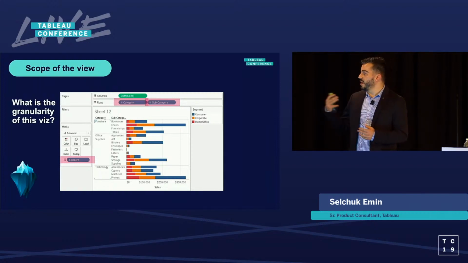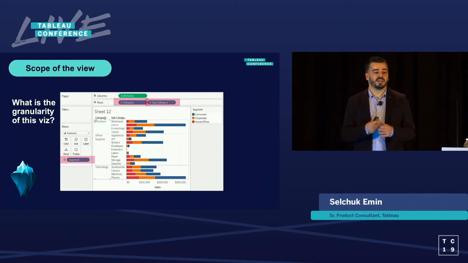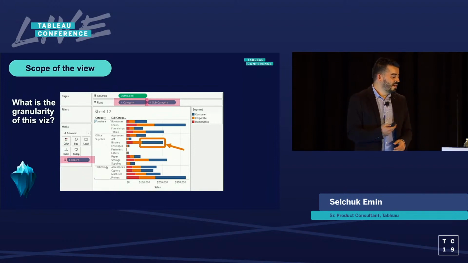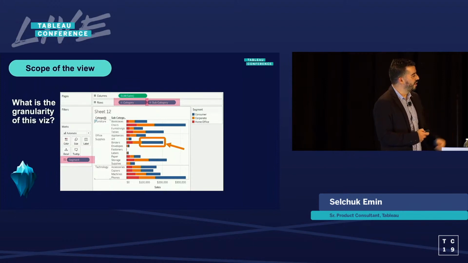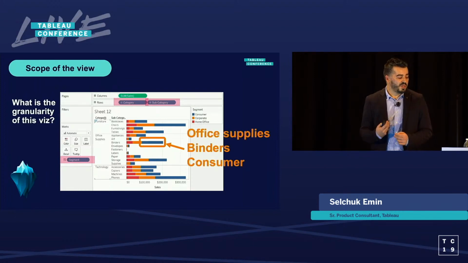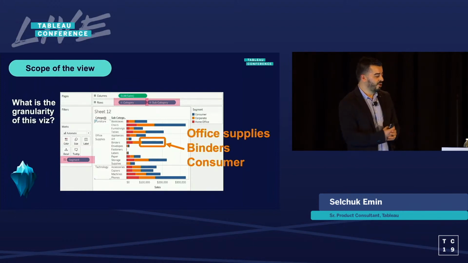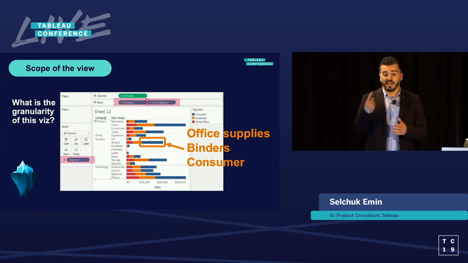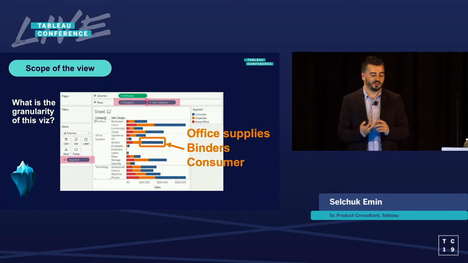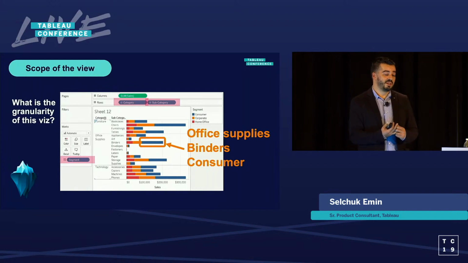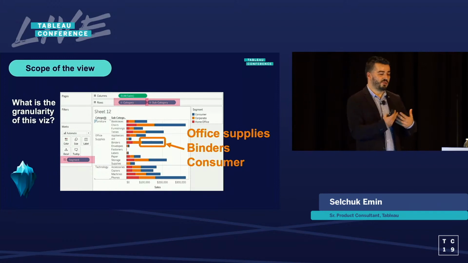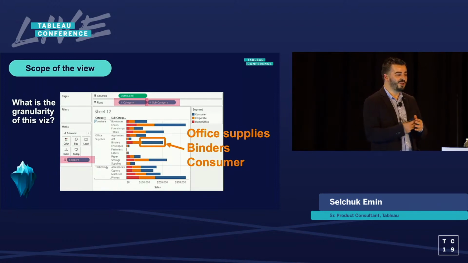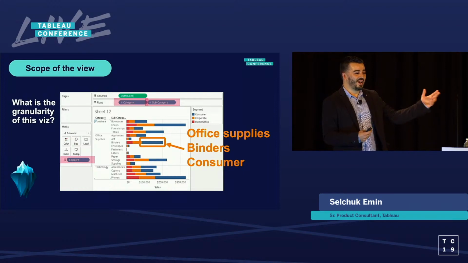And as you can see, every result is a combination of these 3 dimensions. So if we look at a single mark, a single result, this blue stack bar, we see that this is representing the office supplies category, the binder subcategory, and the consumer segment. So the scope of the view is all of these 3. And all the calculations that we do, or some of them actually, as we'll see later, will take into account that scope.